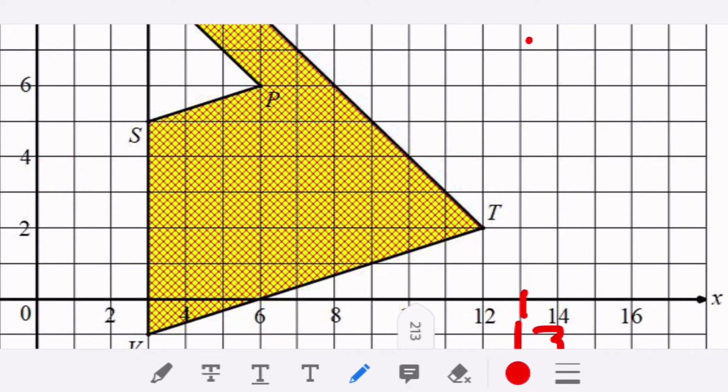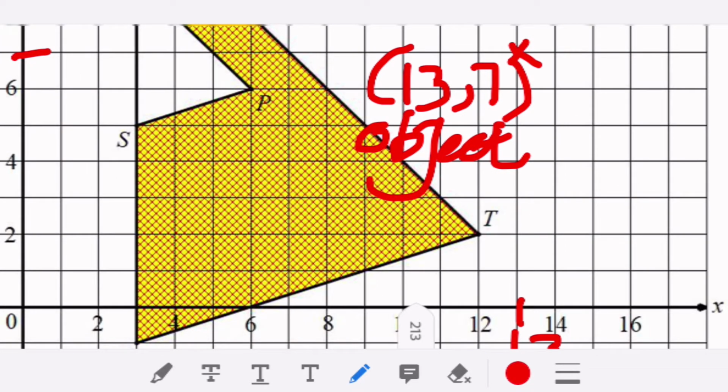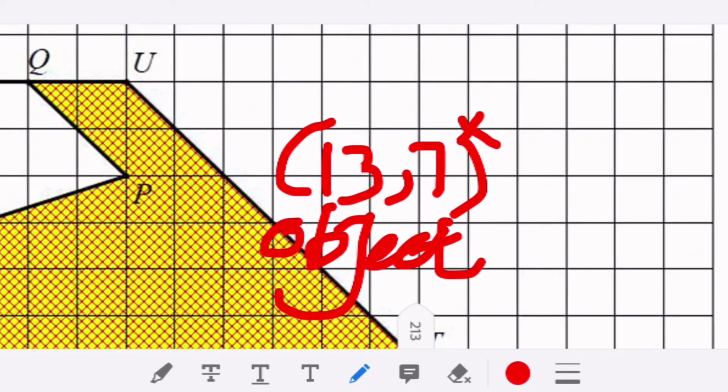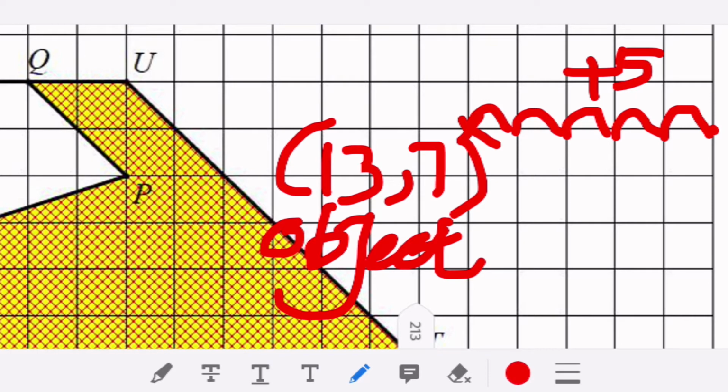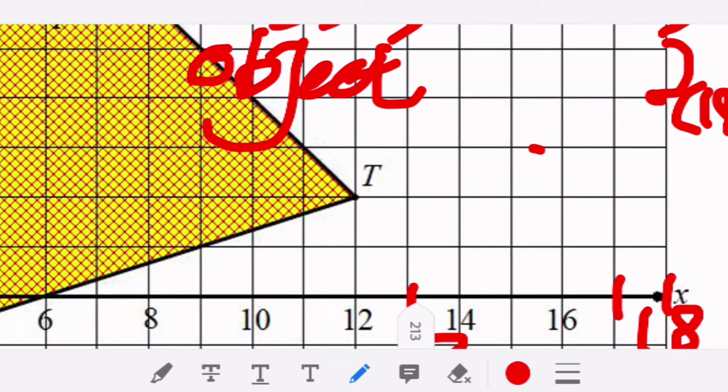So now we go to the graph. We read carefully the point of the object (1, 3.7) and mark it. Then we do translation 5, which means move 5 units along the x-axis to the right, and then -3 means you move downwards 3 units.